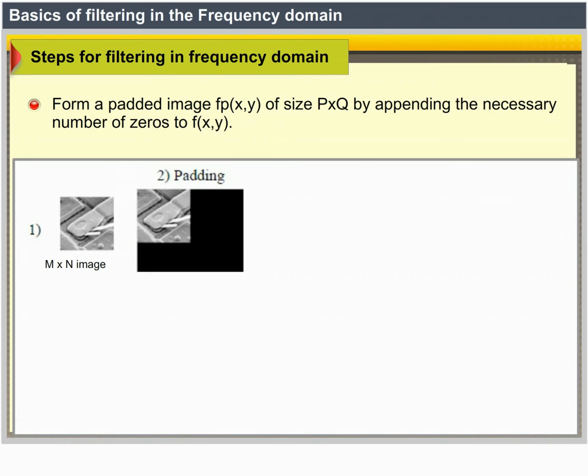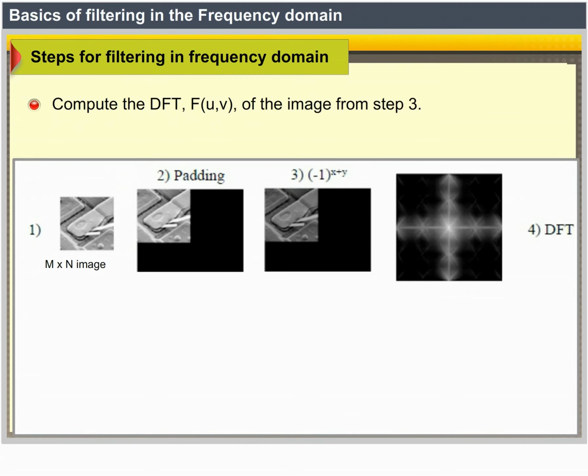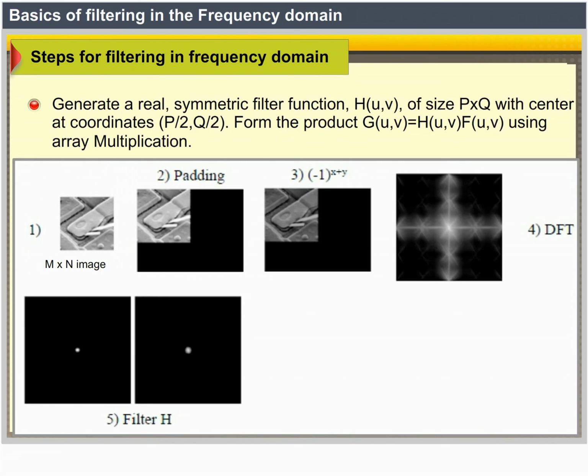Multiply fp of x, y by minus 1 raised to the power x plus y to center its transform. Compute the DFT, F of u, v, of the image from step 3. Generate a real symmetric filter function H of u, v of size P by Q with center at coordinates P by 2, Q by 2.